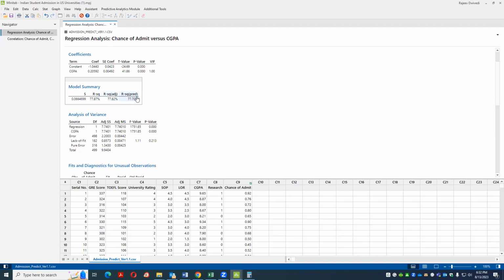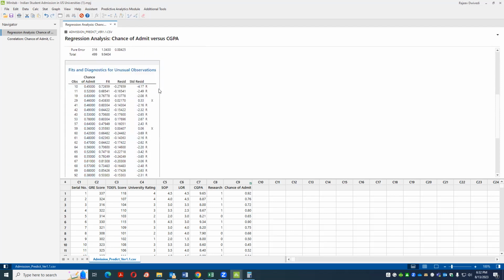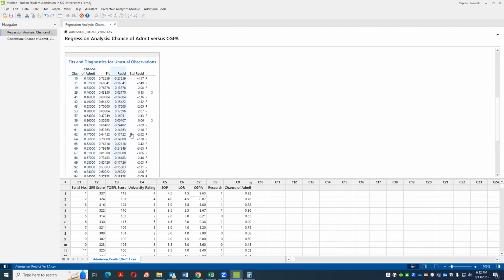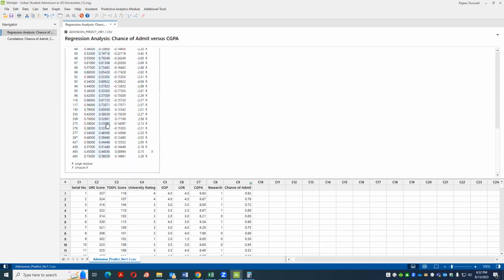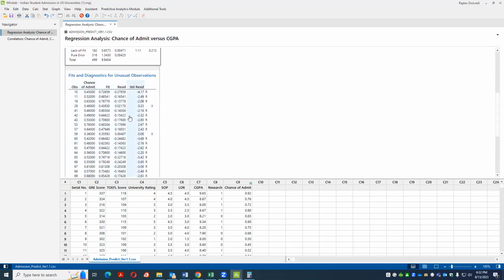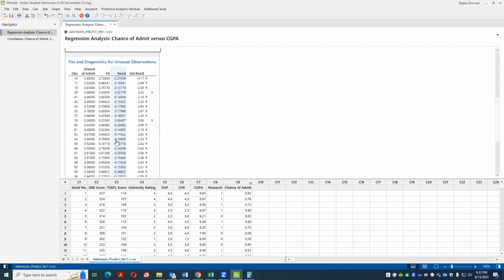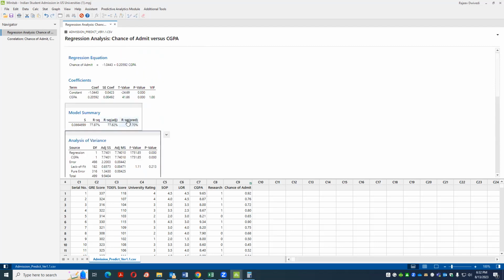You can see here in the fits, because these observations are unusual observations, they might be reduced from adjusted R square. So some errors and unusual things are reduced, and this is not required.